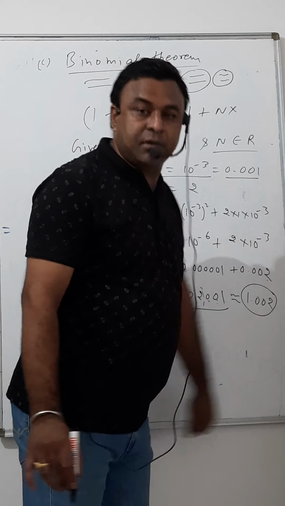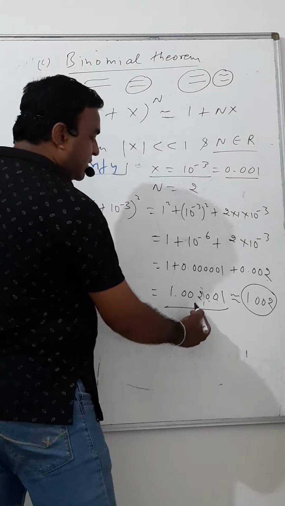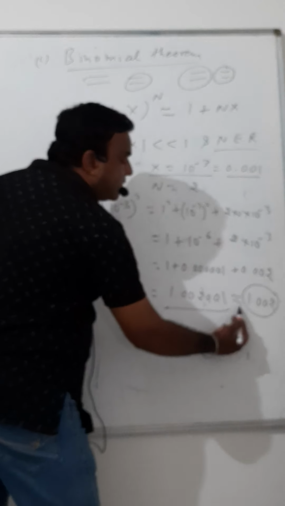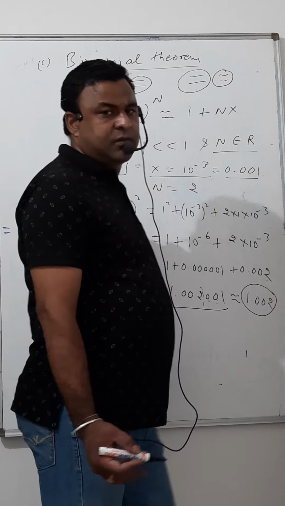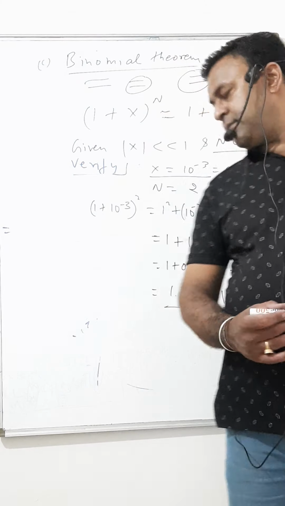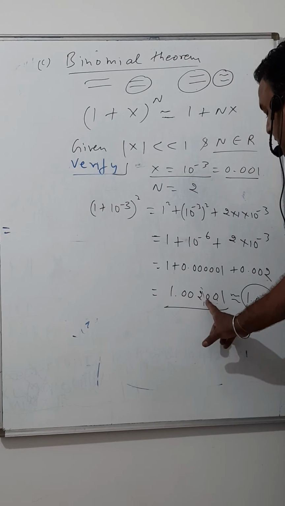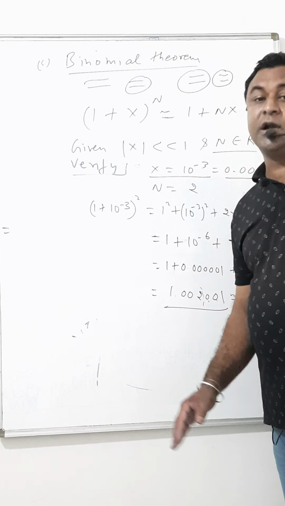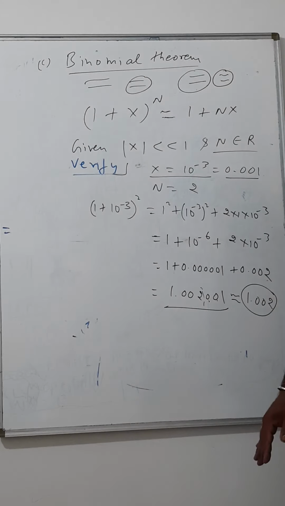This is approximation; that 1.002001, I'm saying approximately close. Of course, it's very close because the 1 lies beyond the 3 decimal places after 2, so it becomes 1 by 1000 times smaller. It's far less.